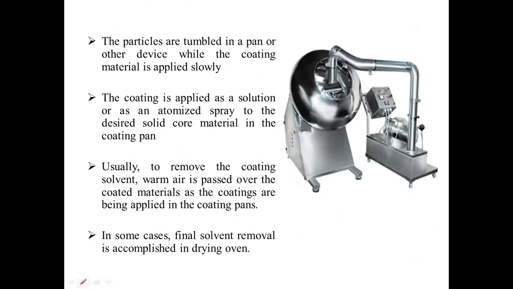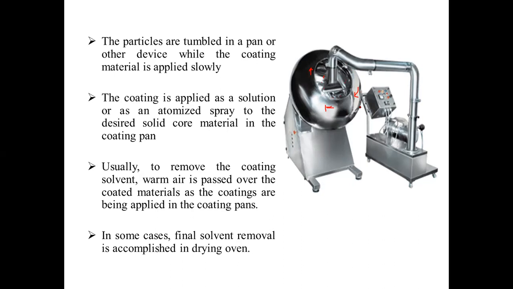or we can say the coater pan. Here inside this, our material to be coated, the core material, is placed. The tumbling takes place in a clockwise direction, and inside that pan there are nozzles containing the solutions to be applied on the core.